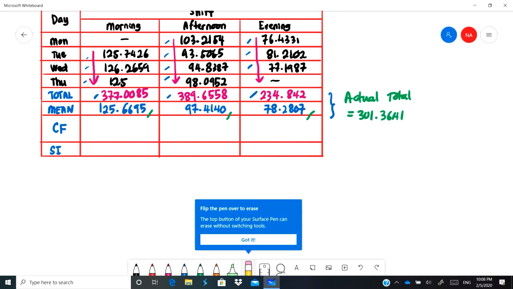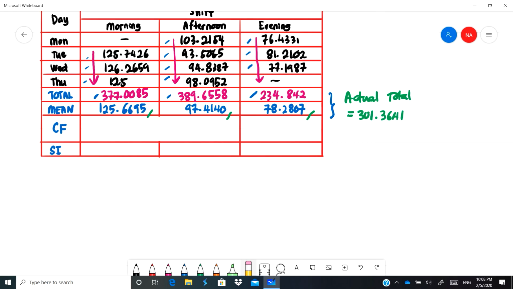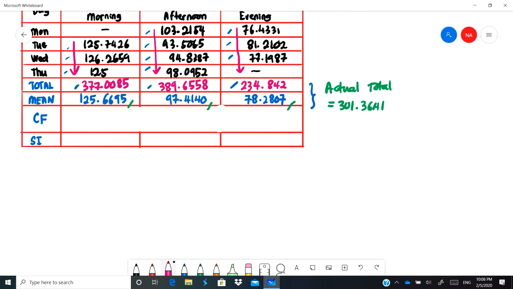The next thing that we have to find is the correction factor. The formula is the required total divided by actual total. The required total is the whole number which is close to this one, so the required total will be 300.